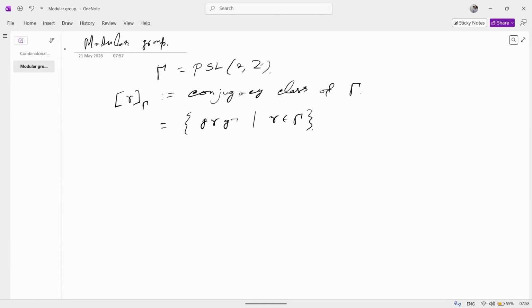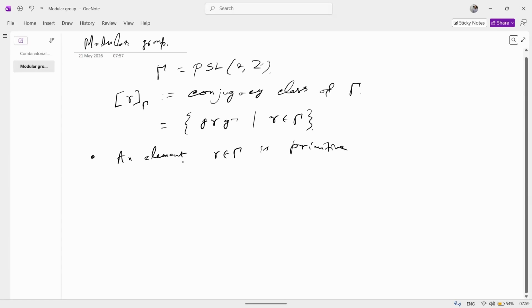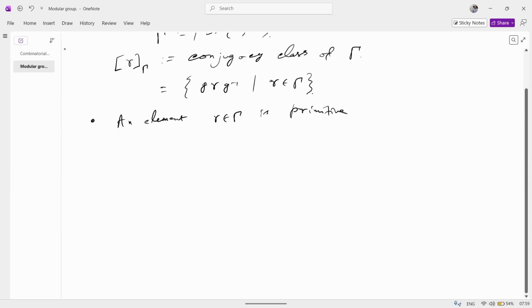Now, here is some terminology that I would like to mention. An element gamma is primitive if gamma is not delta to the n for delta in gamma.